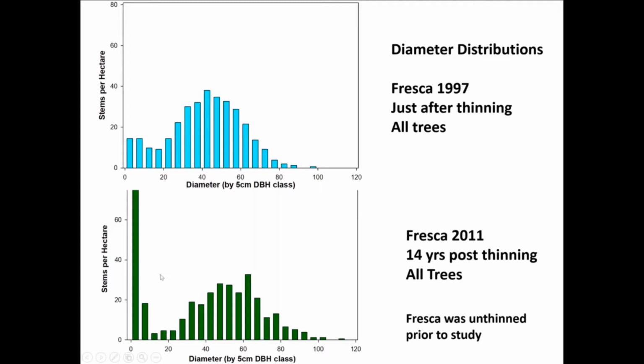So I'm going to show a couple slides of diameter distributions from 2 of the stands, just to give you some examples. So this first one is Fresca. It's one of the stands. It was around 70 years old up near Rail. And this is the pre-thinning diameter distribution. And then 14 years after thinning.